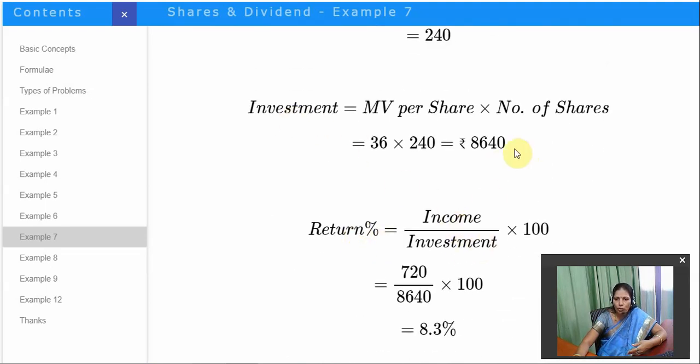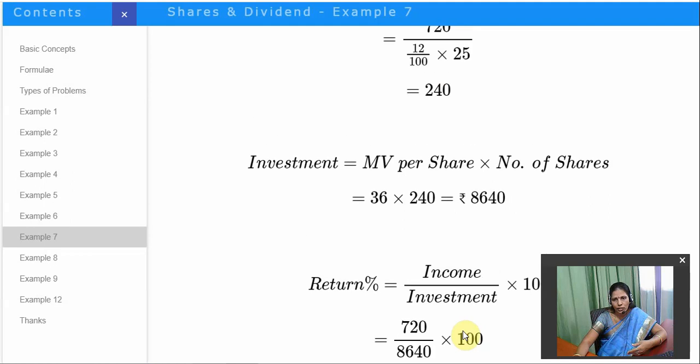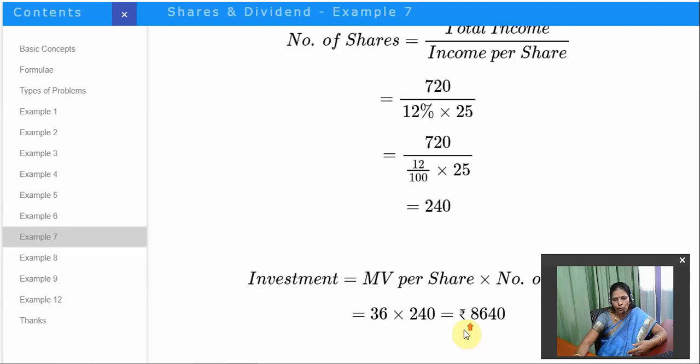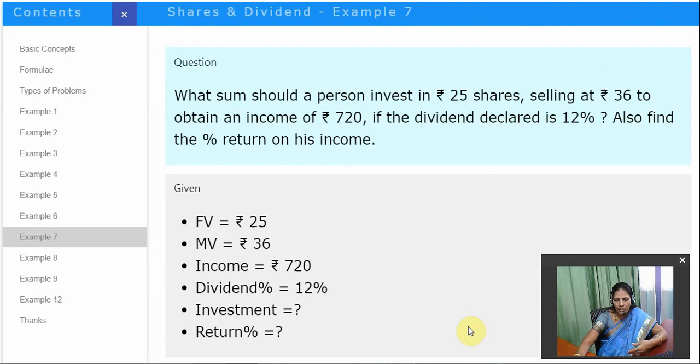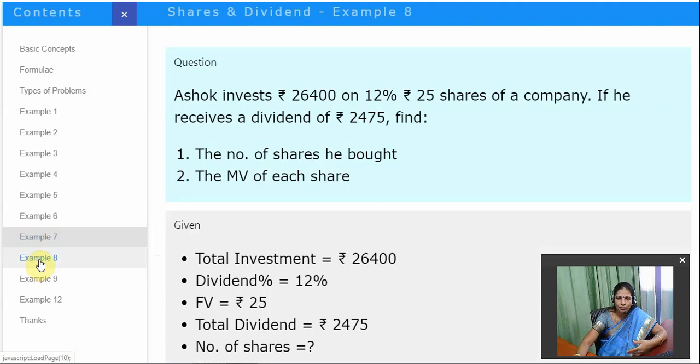Investment we found, so just substitute and the final answer you got is 8.3%. Clear, children? So as I told you, you need to be very thorough with the formulas. Only then you will be able to do the sums. Next we will come to the next sum.